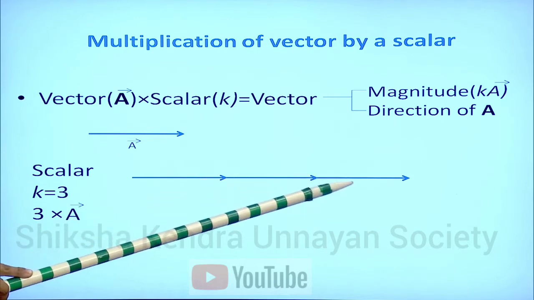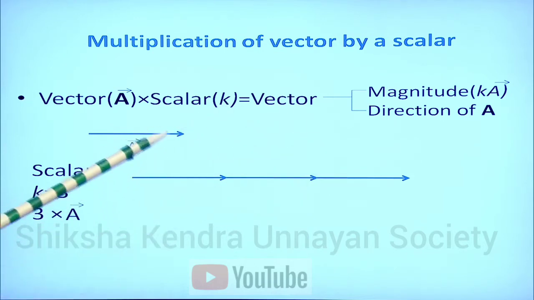Its magnitude is 3 times that of A and direction will be the same as vector A.